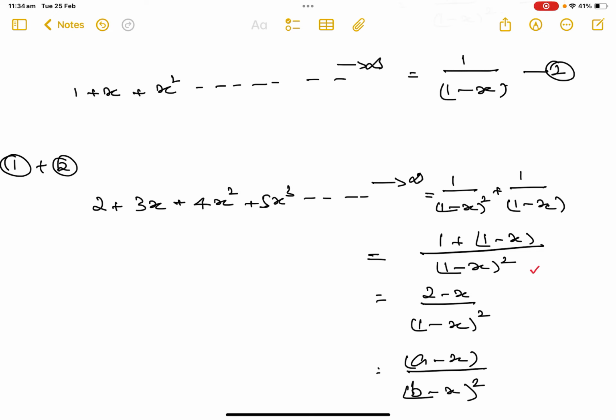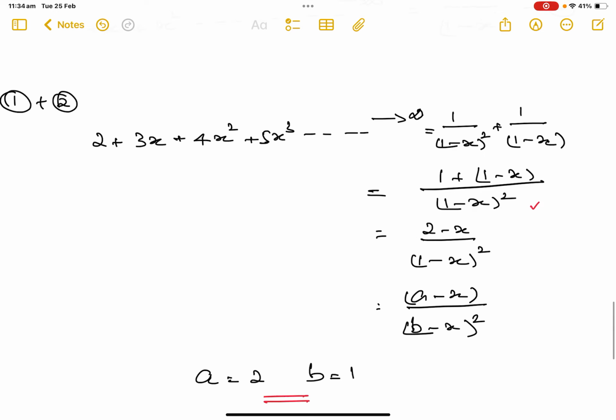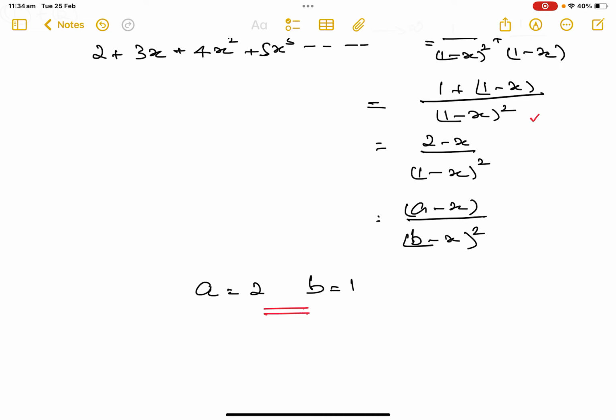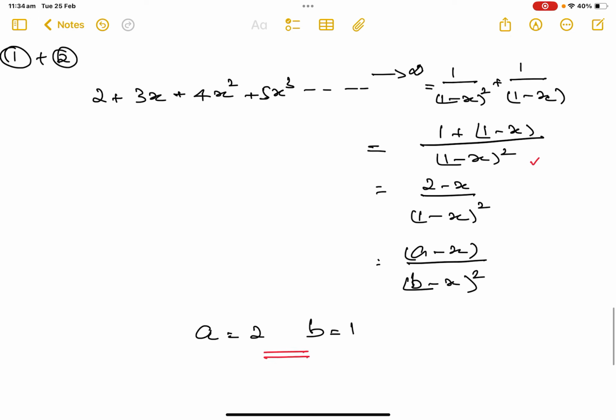So 1 plus 1 minus x is 2 minus x, divided by 1 minus x squared. Comparing it with a minus x over b minus x squared, a is 2 and b is 1. So the constant a is 2 and b is 1. We were asked to find the values of a and b, which are 2 and 1.